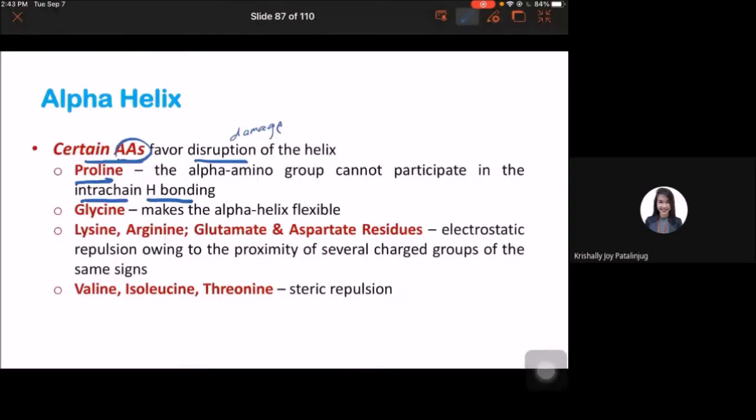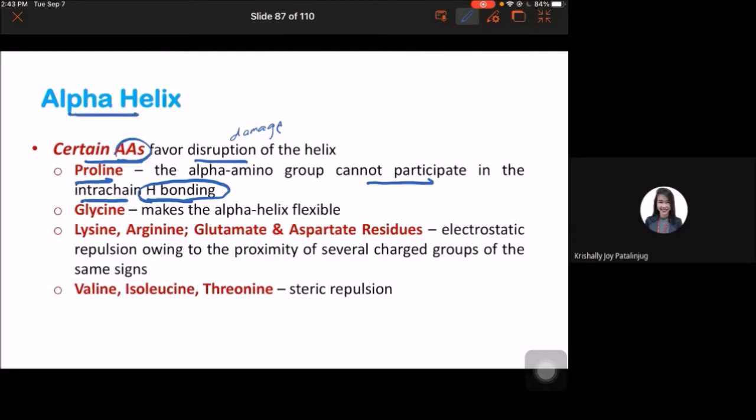So I repeat, proline cannot participate in intrachain hydrogen bonding. So with that being said, kung hindi siya nakakapag-participate ng H bonding, mawawala yung sense ng alpha helix.